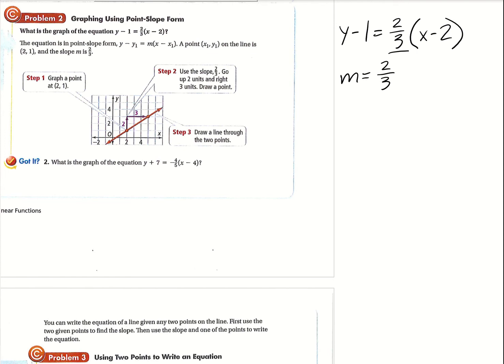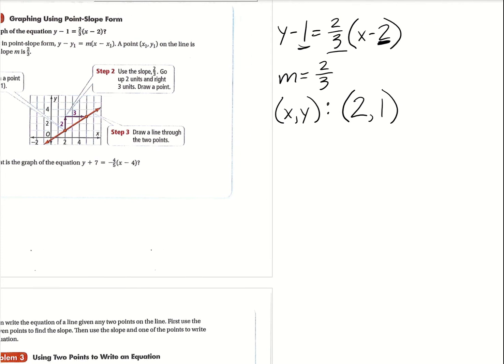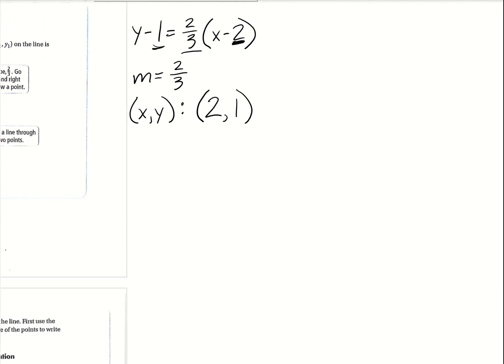And we can find our x, y coordinates. That point will be our x1, which would be 2, since we're subtracting 2, and then we're subtracting 1 for our y value, so 1 is the value there. Now we have everything we need in order to graph this.